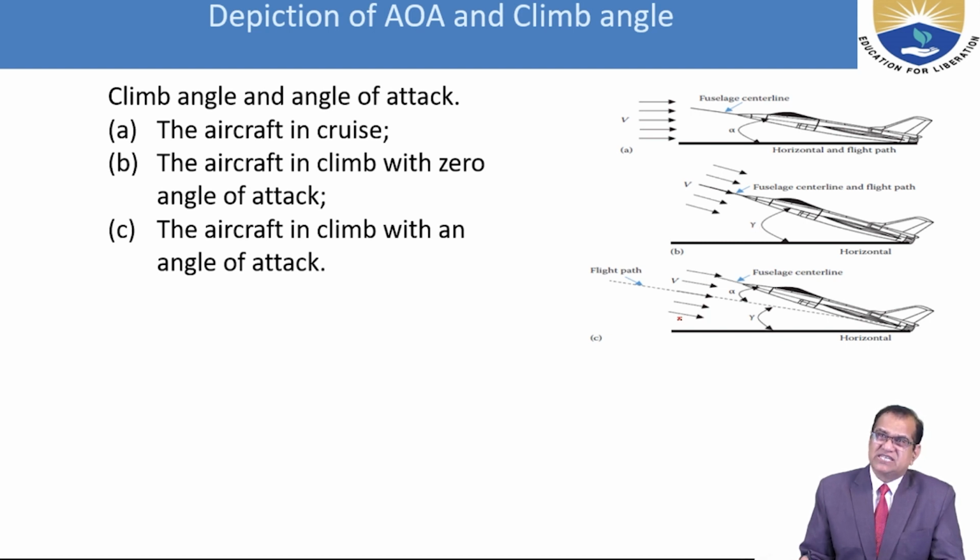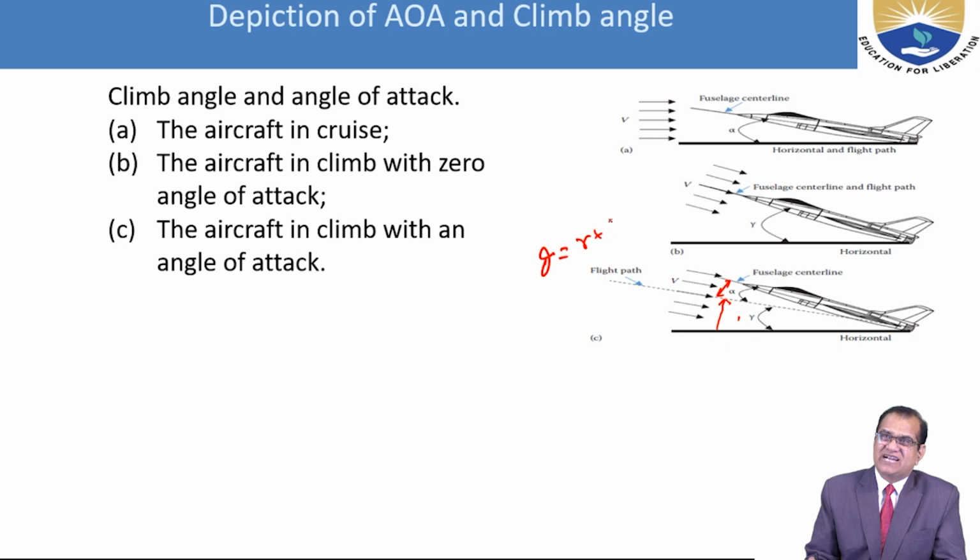In the third case, in the C, you can see that the flight path is not in the same direction as the fuselage reference line, but there is some angle alpha, and there is also this gamma. So gamma plus alpha is equal to theta.